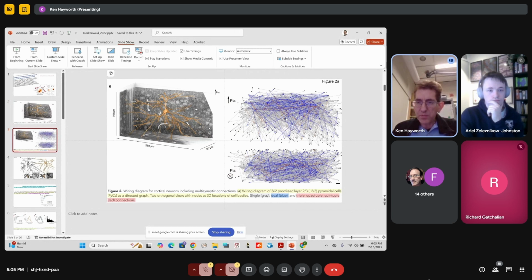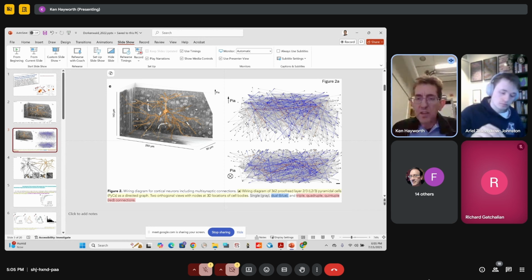This image from figure 2 is actually showing all of the cell body locations within this volume. I think this is just showing the pyramidal cells. They also talk a bit about connections to inhibitory cells and other types of cells. But the main analysis is from layer 2-3 pyramidal cells to layer 2-3 pyramidal cells.